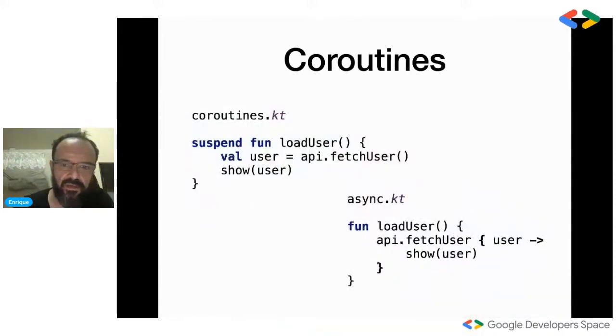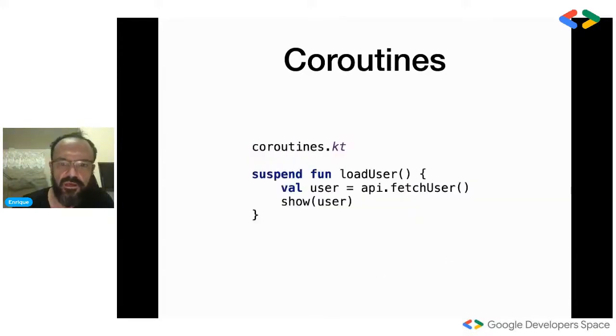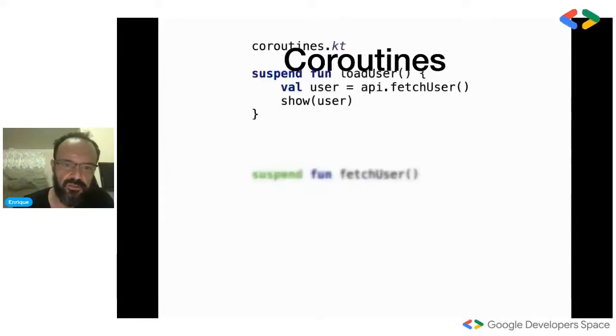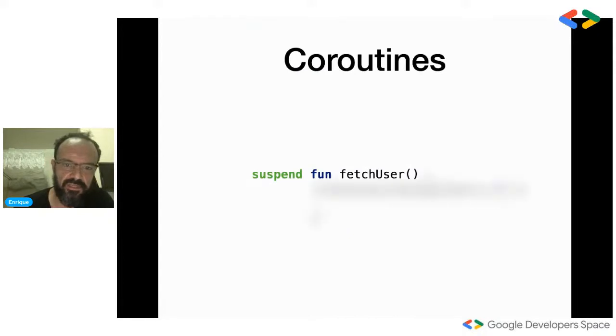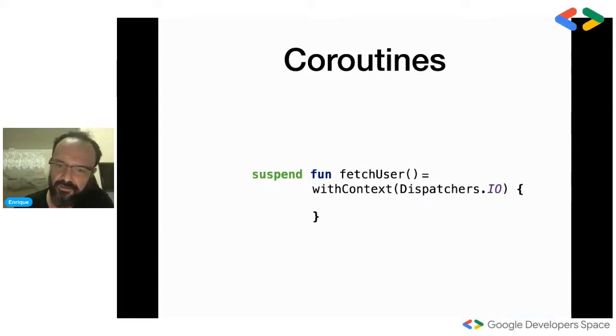So let's go back. If we compare the coroutines, suspend in front of the function name, and asynchronous using a callback, we replace the callback with the suspend keyword. Correct. This is how it would look. So we have the suspend keyword, and one interesting thing that we'll see later are the dispatchers.